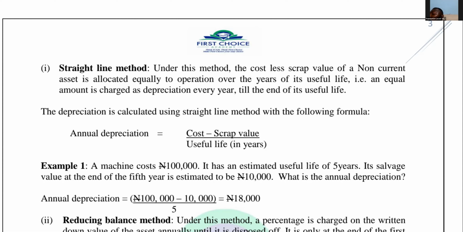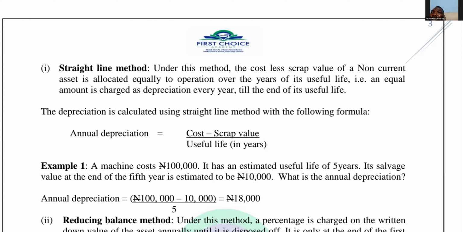So the formula for calculating the straight line method is cost minus scrap value, divided by estimated useful life. Based on this, because of the name straight line method, the depreciation will be the same throughout the years, except if the asset was purchased during the year.